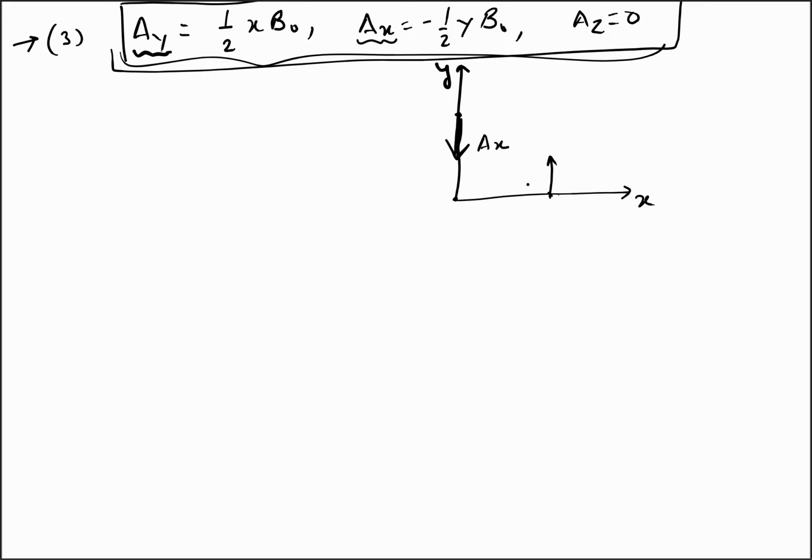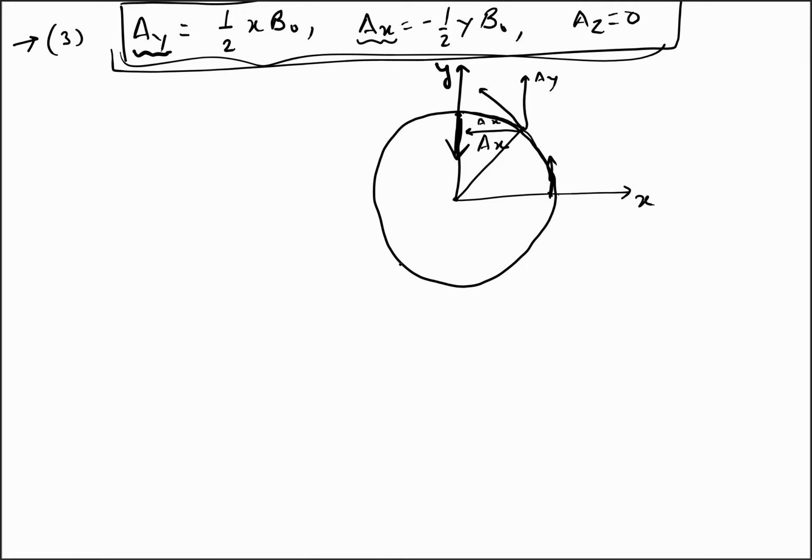If I take any point in between, let me draw it further, let us say like this, a point here, then the x component will be negative, proportional to y, and the y component will be positive, proportional to x. So this is Ay and this is Ax. So you see that this vector potential is going to follow this curve.